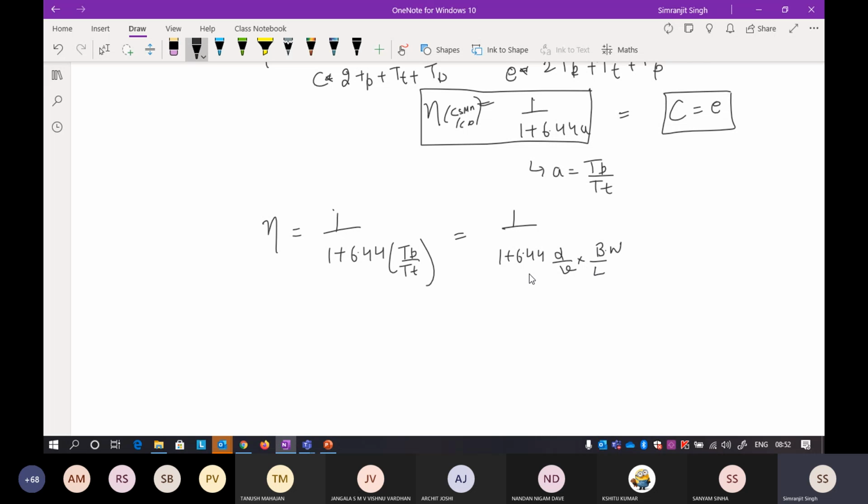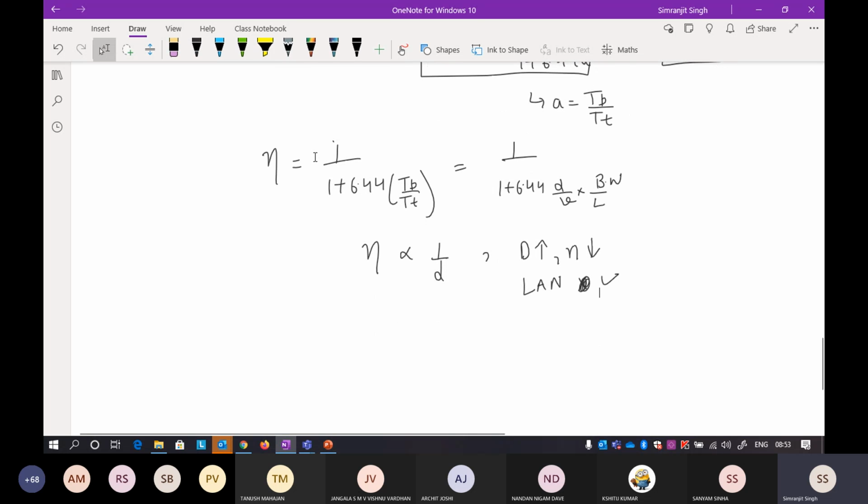If you take a look, your efficiency is inversely proportional to distance. If the distance is higher, the efficiency will be lower. So CSMA/CD is preferred in LAN, because in LAN the distance is less, around 10 kilometers. That is why in LAN, CSMA/CD is more suitable.